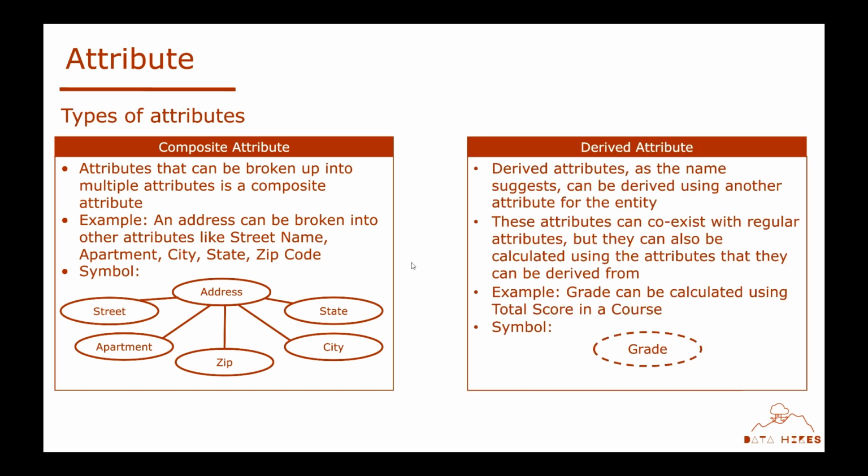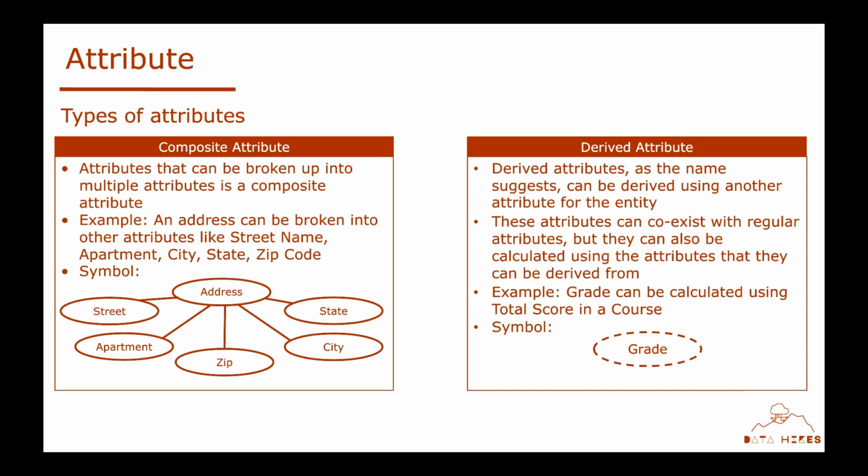The last type of attribute is a derived attribute. As the name suggests, this type of attribute can be derived using a different attribute for that same entity. This attribute can coexist with regular attributes, but they can also be calculated using the attributes that they can be derived from. For example, in a table for, say, a course or examination scores of students, the grade can be calculated using a total score.